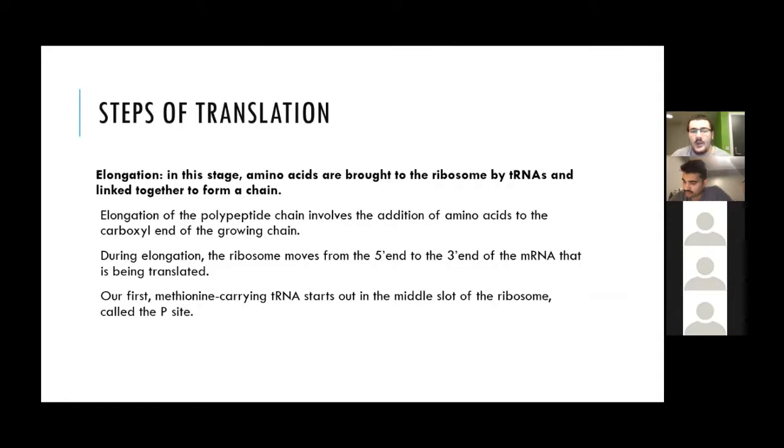Now elongation. What happens here is that other tRNAs come, and we're finished with methionine. They start binding to their respective codons in the A site, and you have this growing peptide chain coming along.